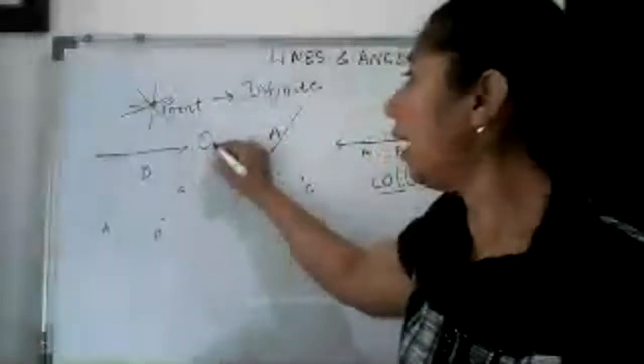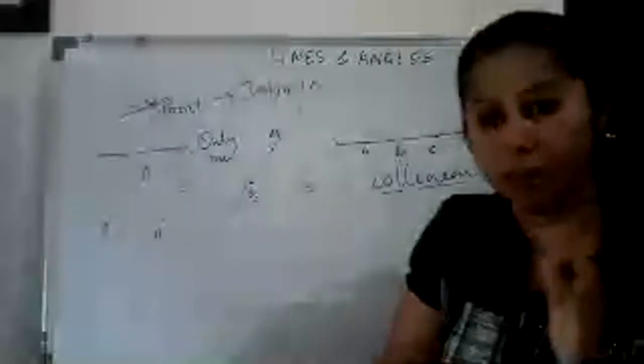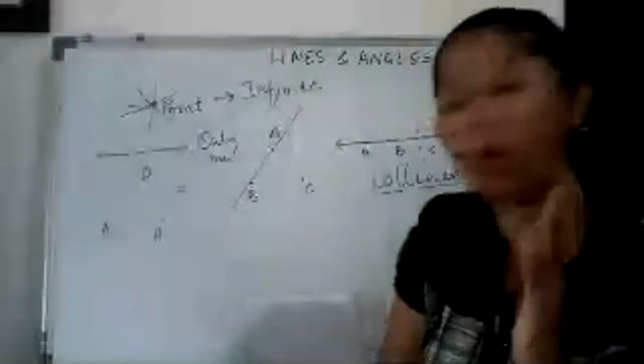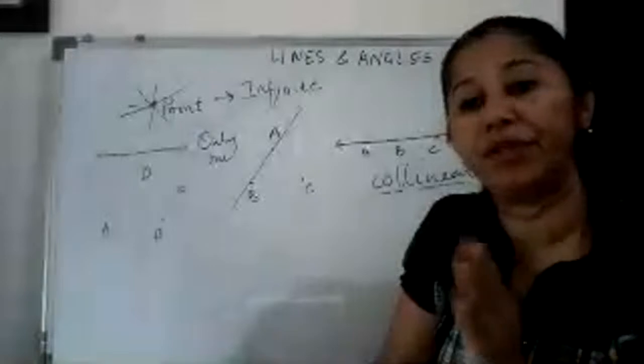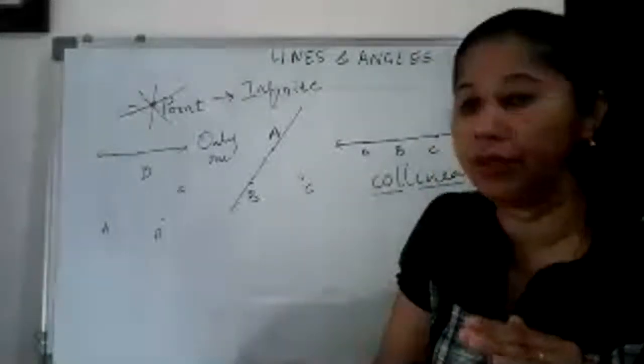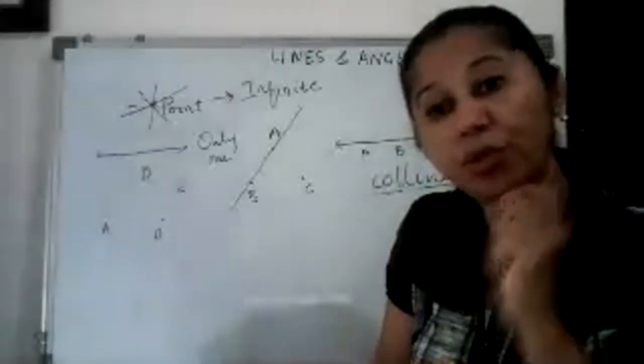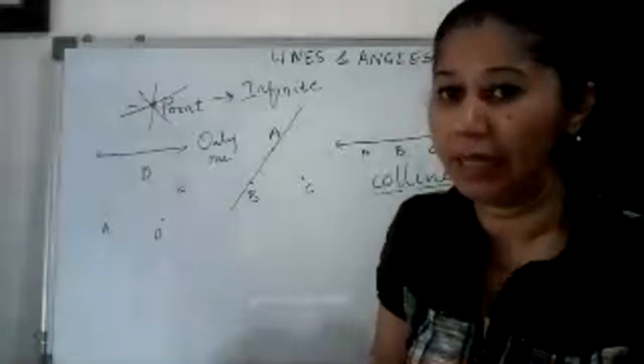That's not possible. We could draw only one line passing through 2 different points. When you are given 1 point, infinite lines could be drawn. When you are given 2 points, you could draw one and only one line through them.